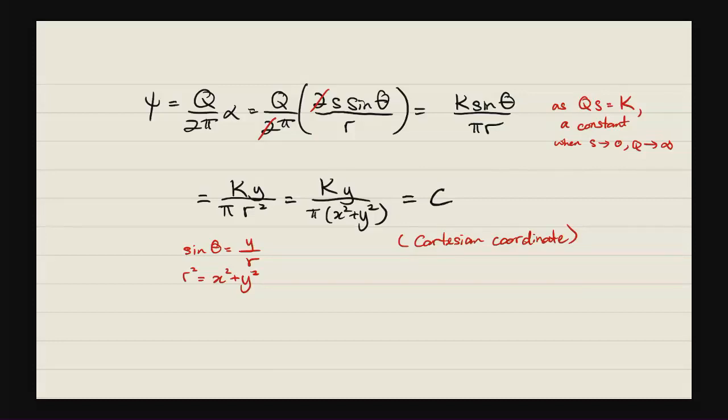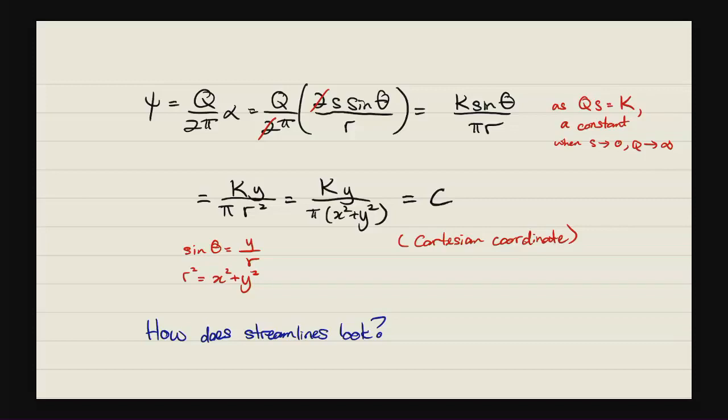Okay, everyone following so far? Yep. Okay, so we have our stream function. We want to know how the streamlines look. So all I have to do is rearrange my stream function here.